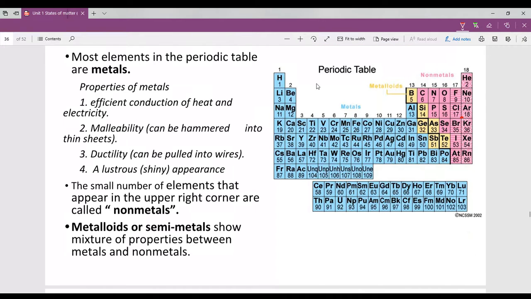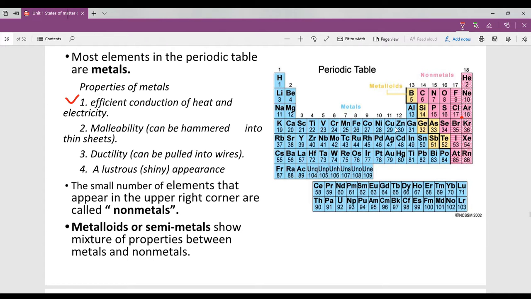Now, if you look at the periodic table, you can see that most of the elements in the table are metals, and then there are a few that are non-metals, and then these are called the metalloids. Metals have 4 unique properties. The first one, they're very good at conducting heat and electricity.